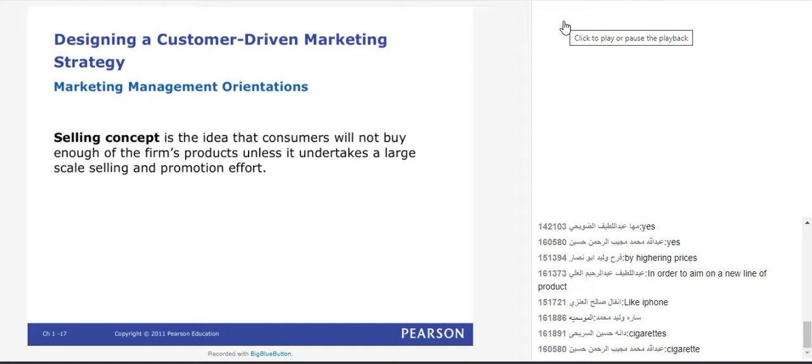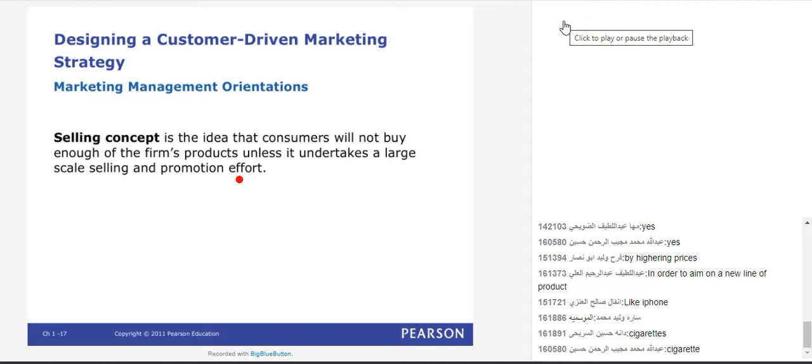The next era was the selling concept. In this concept, consumers didn't buy enough of the product unless they had promotion, unless they had motive. That's why in this era, organizations paid much attention to providing promotion to people in order to buy more.